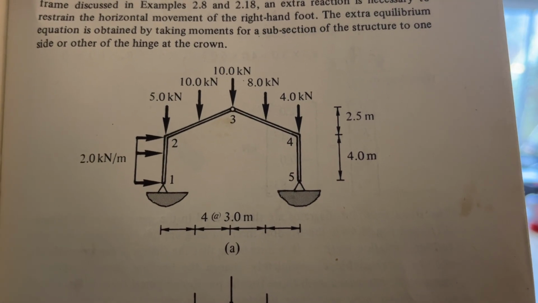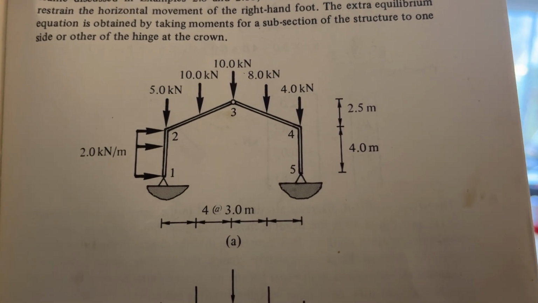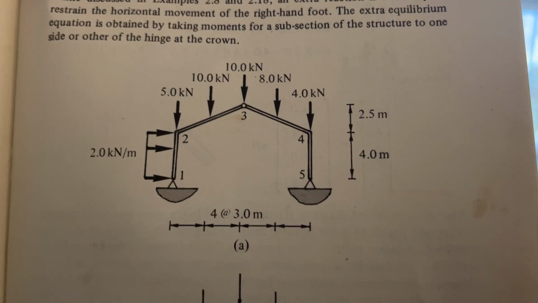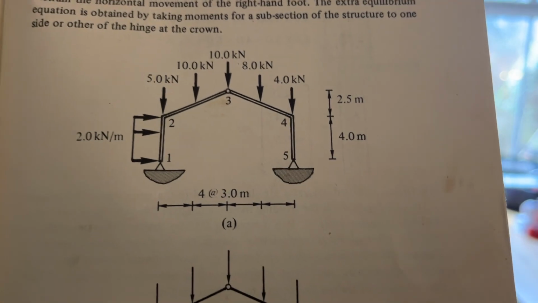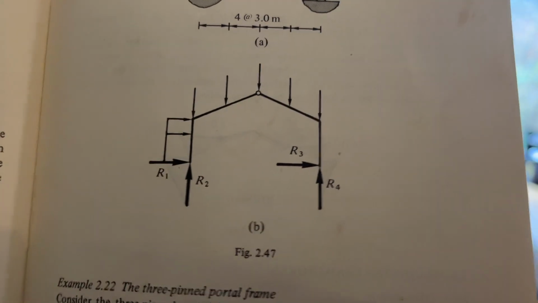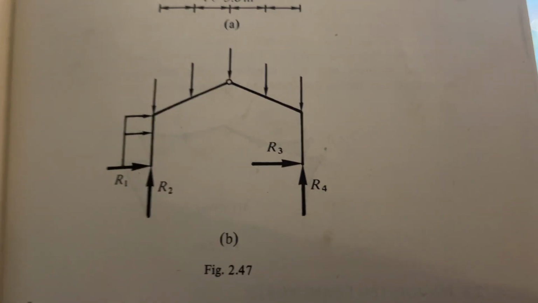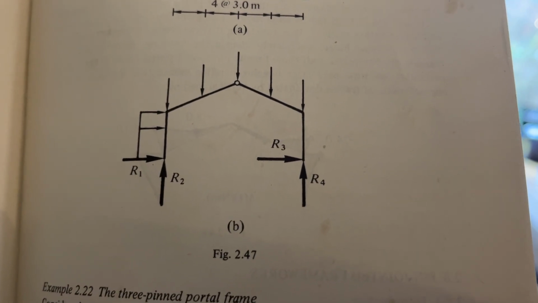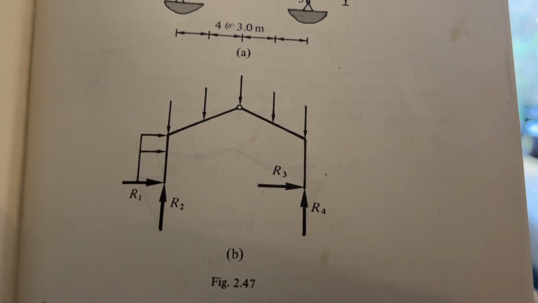The height of the pitch is 2.5 and the height of the columns is 4. So this is the free body diagram of it: R1, R2, R3, R4, then the forces.